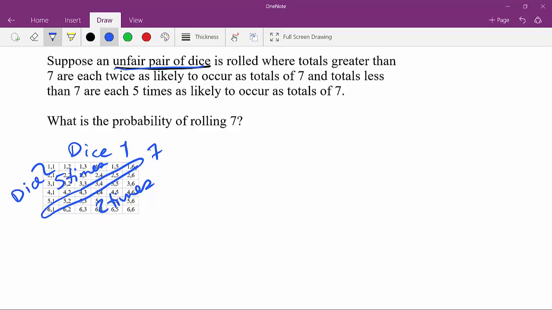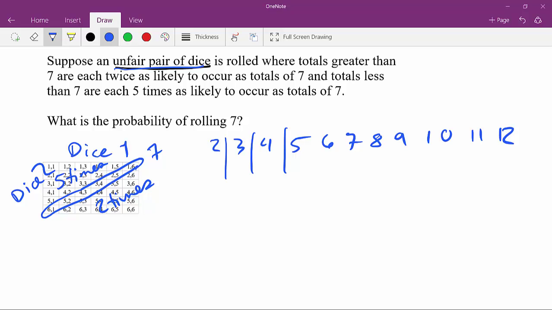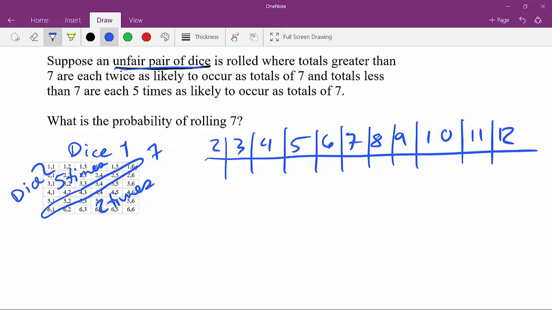And if we were to list all the probabilities, say 2, 3, 4 through 12, if we were to list all of these possibilities and then assign probabilities to each, all these probabilities should add to 1.